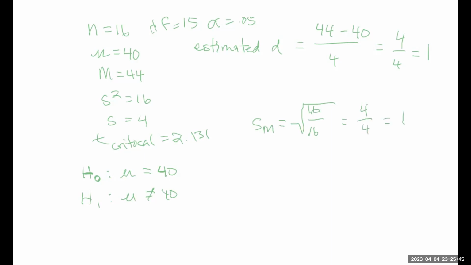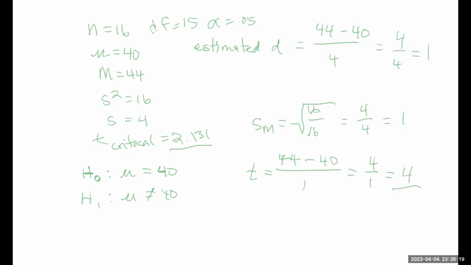So now that I have that, I do my t statistic. It's 44 minus 40 over 1, which is 4 over 1 and gives me 4. I have a t statistic of 4. So again, I compare that to my t critical. I reject the null hypothesis, right? There's a significant difference between the treatment and the population.